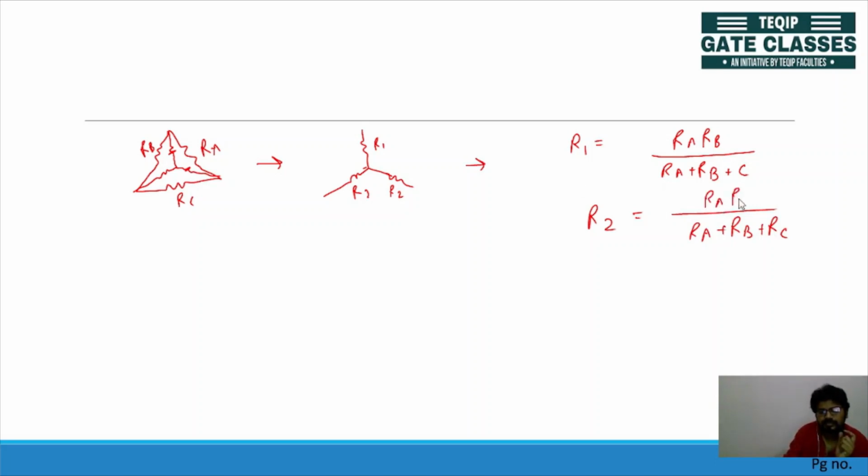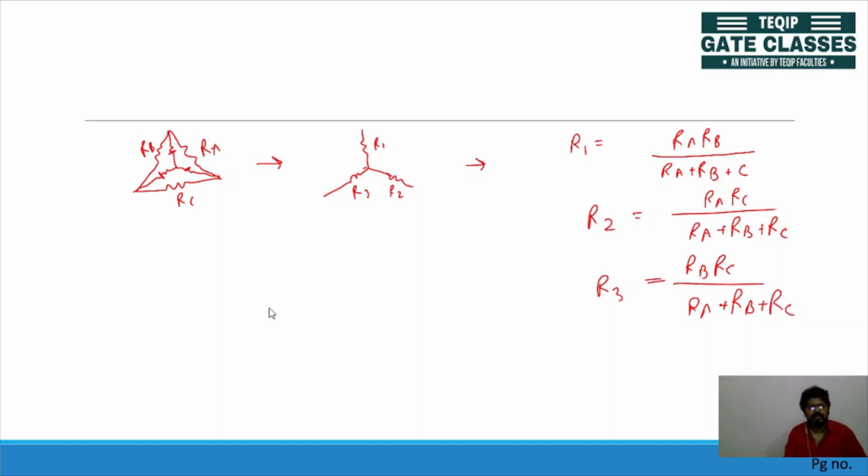For R3, the numerator will be the multiplication of adjacent branches, RB and RC. Denominator will be the same, RA plus RB plus RC.